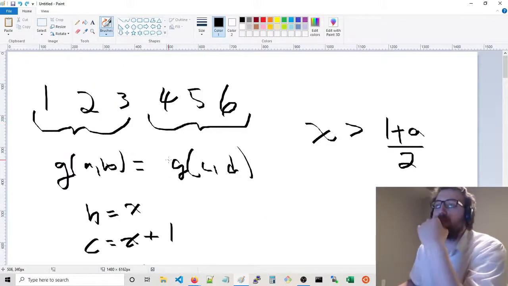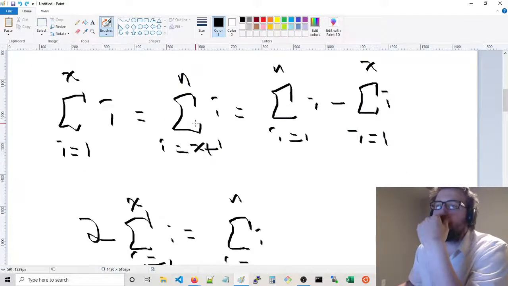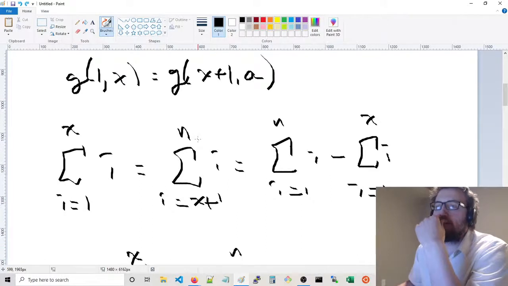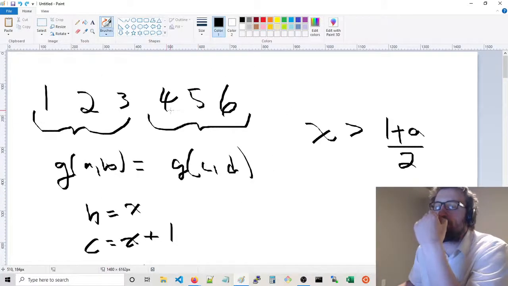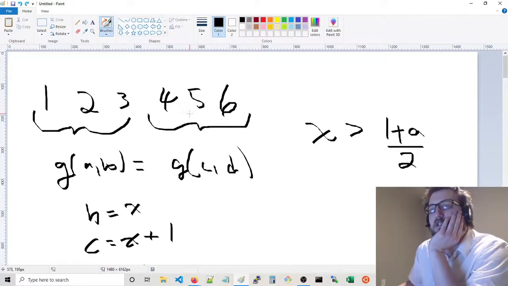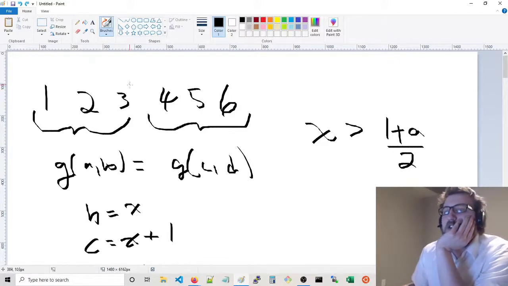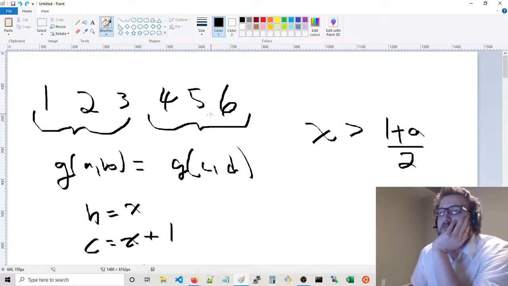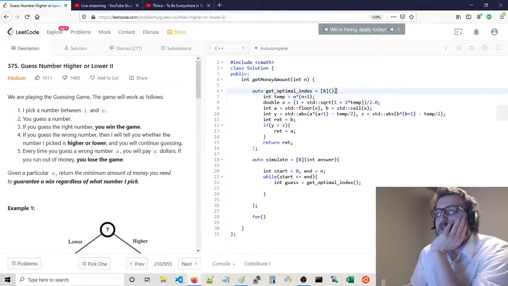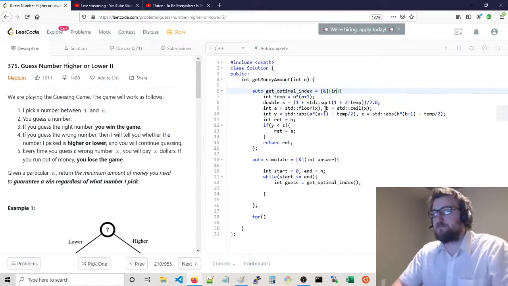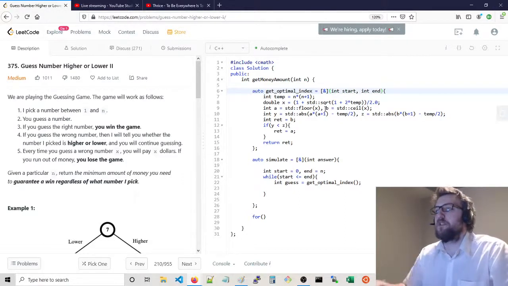And the reason is that both of these sums are now missing. Shoot. All right, I think we need to do this differently. Yeah, this has to be written differently. Never mind, this is wrong.